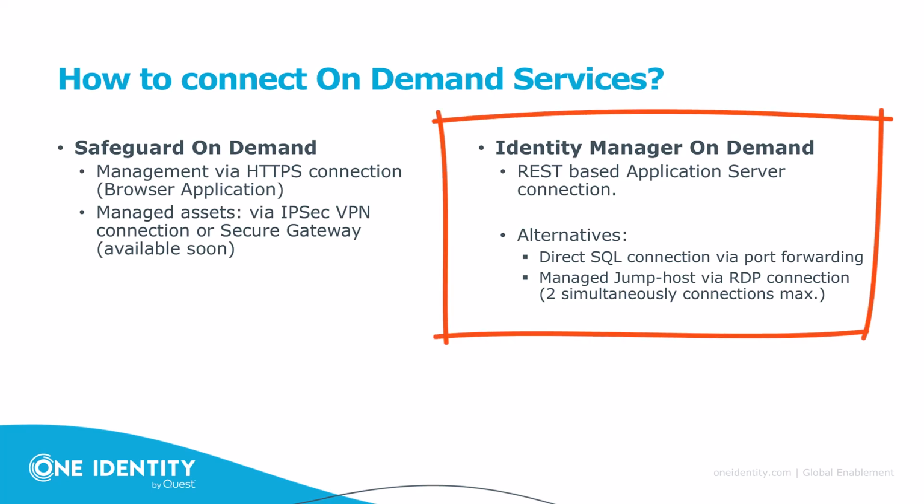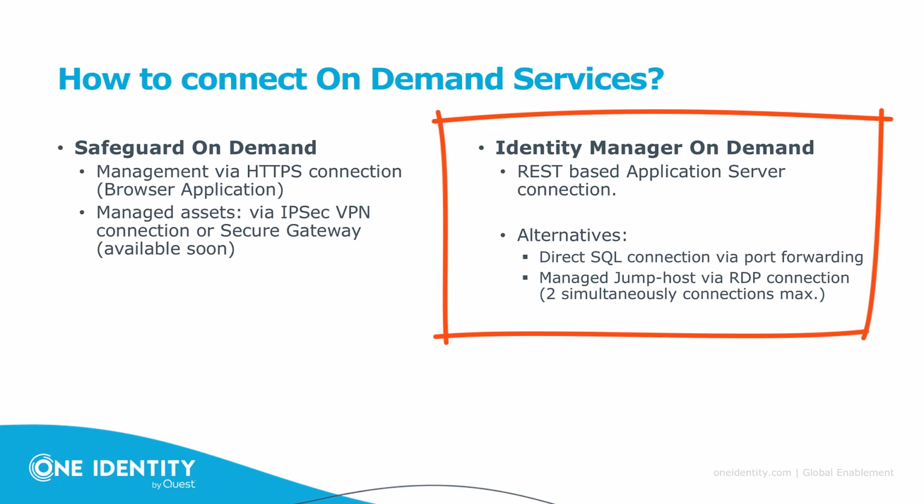Now let's see Identity Manager on demand. For management, you only need an application server connection. That is technically an HTTPS connection inside a REST API. That's enough, and that covers 90% of the cases. Sometimes this is not possible or not feasible.